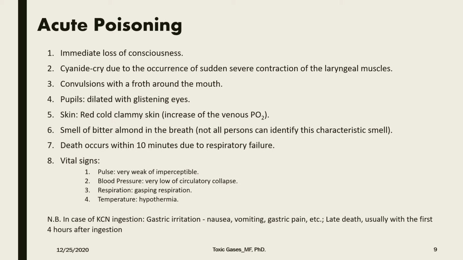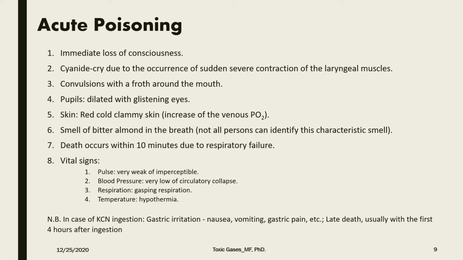The pupils will show dilatation. The skin will be red, cold, and clammy because of the high oxygen tension on the venous side of the blood. Sometimes there will be the smell of bitter almond in the breath of the person, but not everyone can identify this characteristic smell. Death will occur within 10 minutes due to respiratory failure.